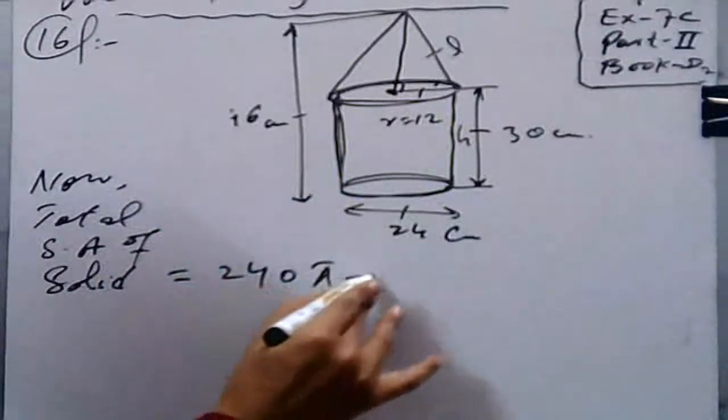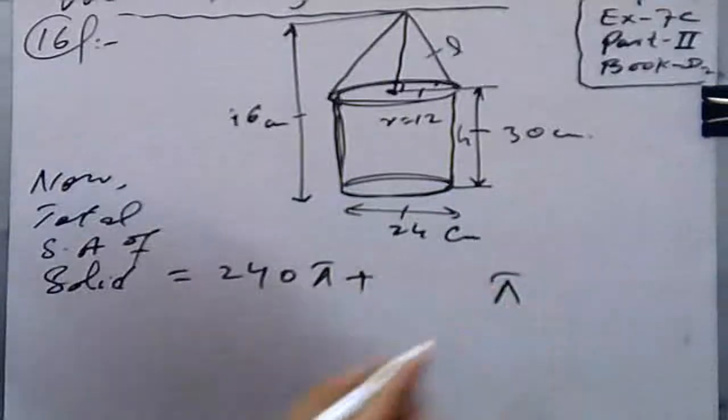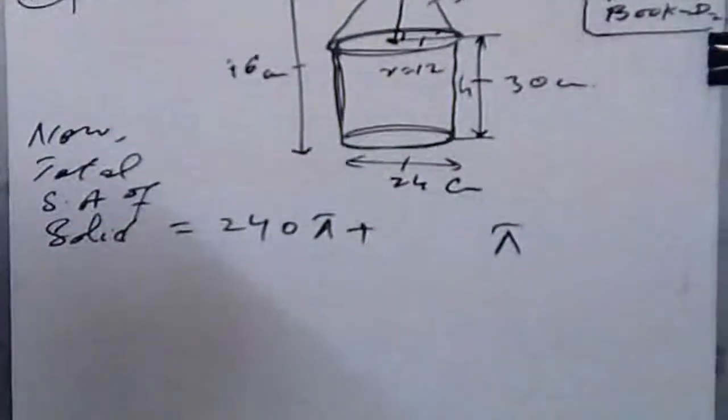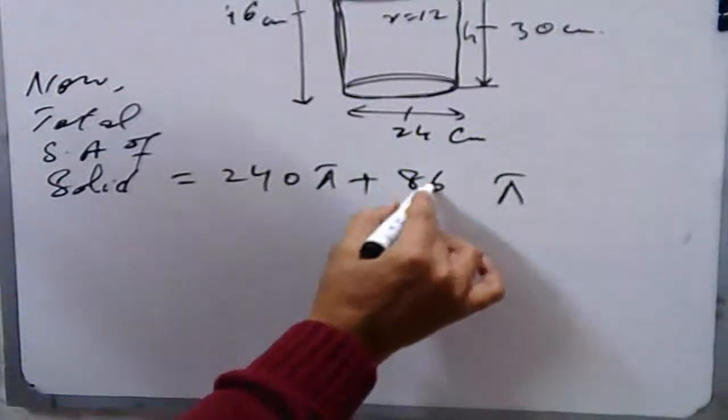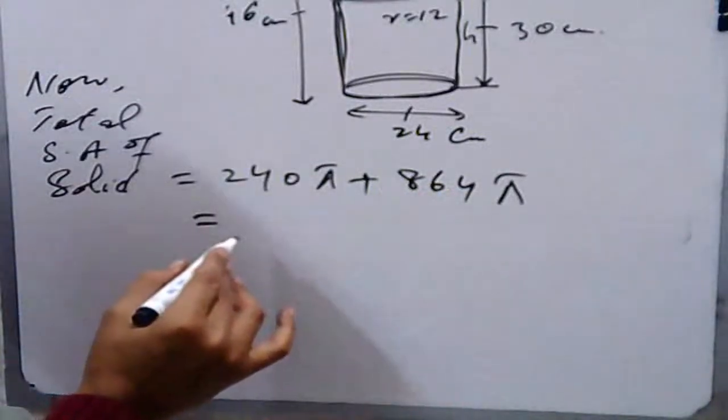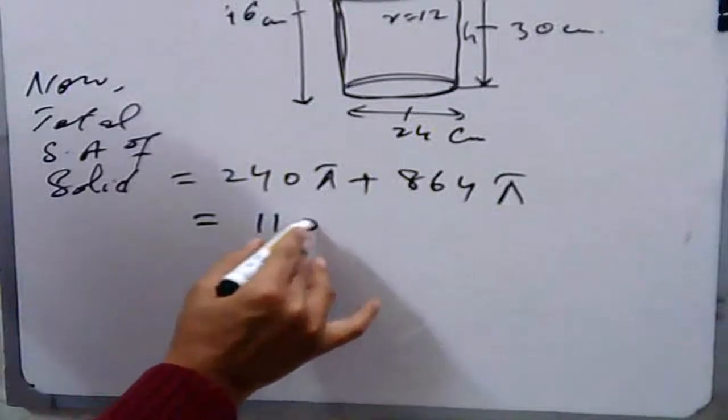So after adding you will get 1104 pi centimeter square. So that is your total surface area of the given solid or given figure. So that is your required result.